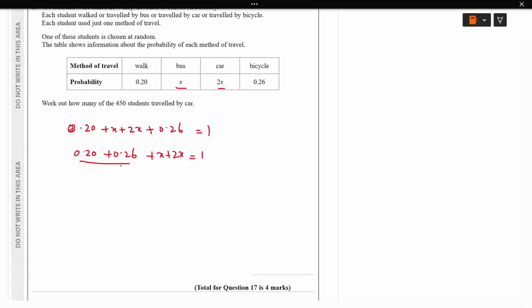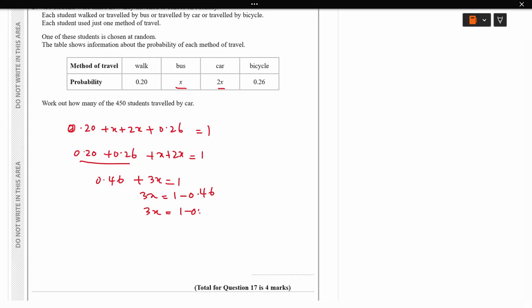When I add up, I get 0.46, plus x plus 2x is 3x, equal to 1. I'll take away 0.46 from both sides, so I get 3x equal to 1 minus 0.46.